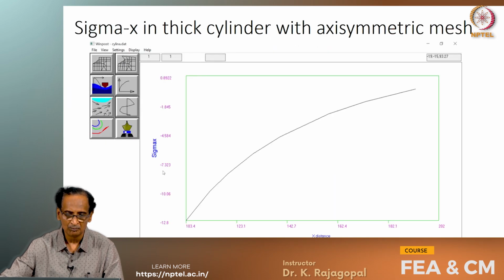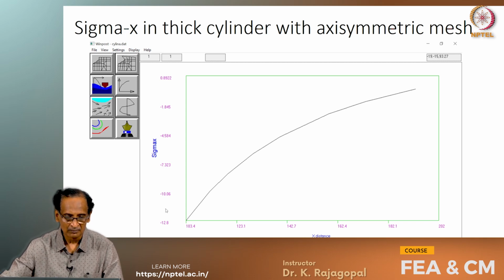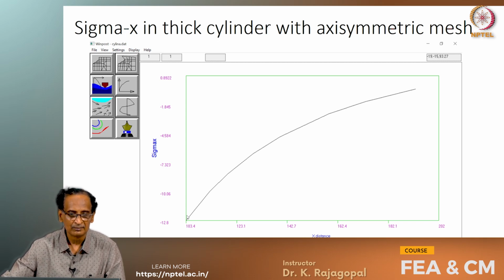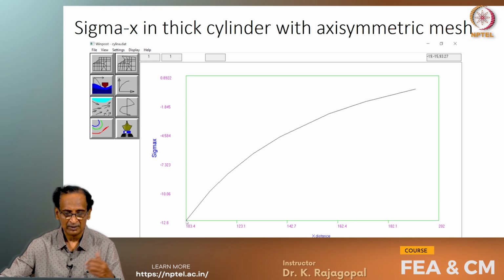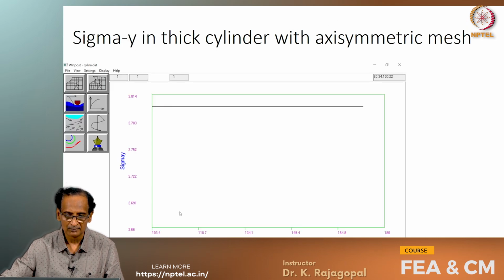And this is the radial stress with the axisymmetric mesh. The maximum at the interior point is 12.8. Then as you go away the pressure reduces.